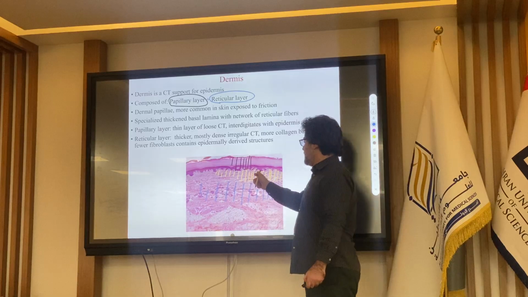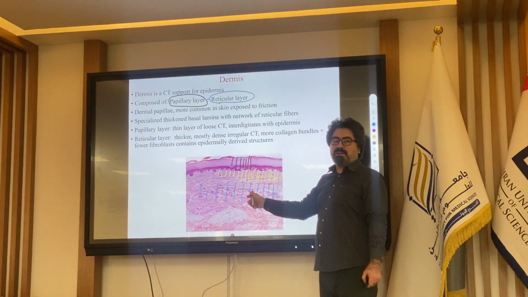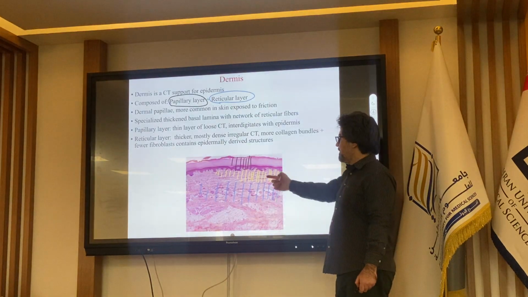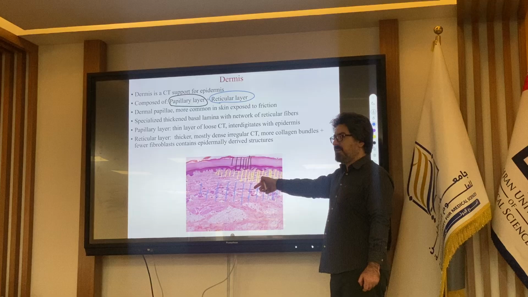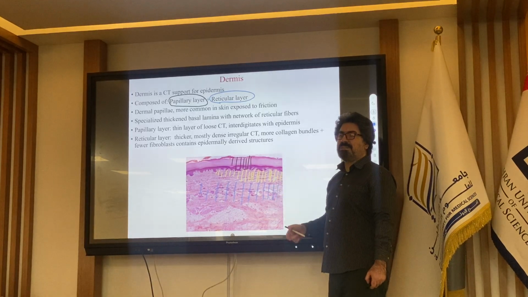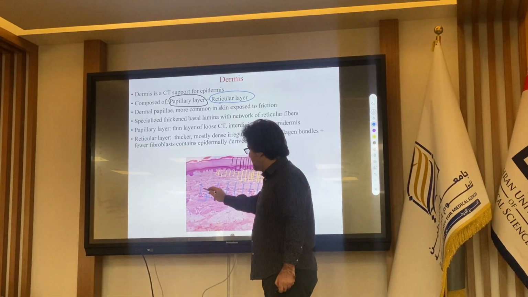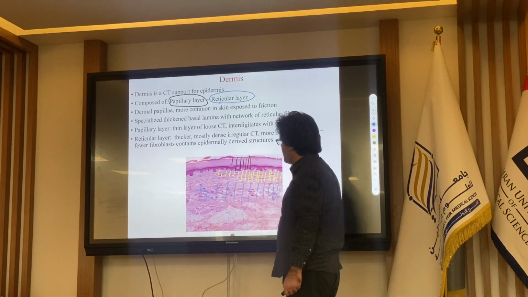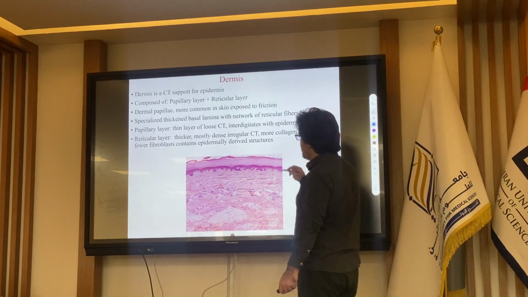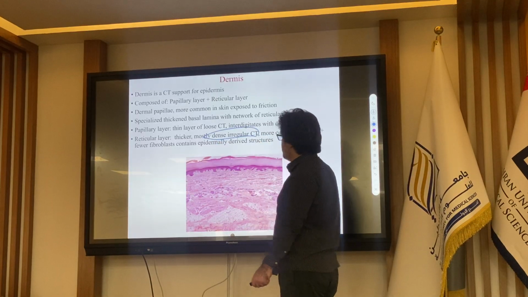The papillary layer is composed of loose connective tissue, and the reticular layer is composed of dense, irregular connective tissue. You can see collagen fibers here.